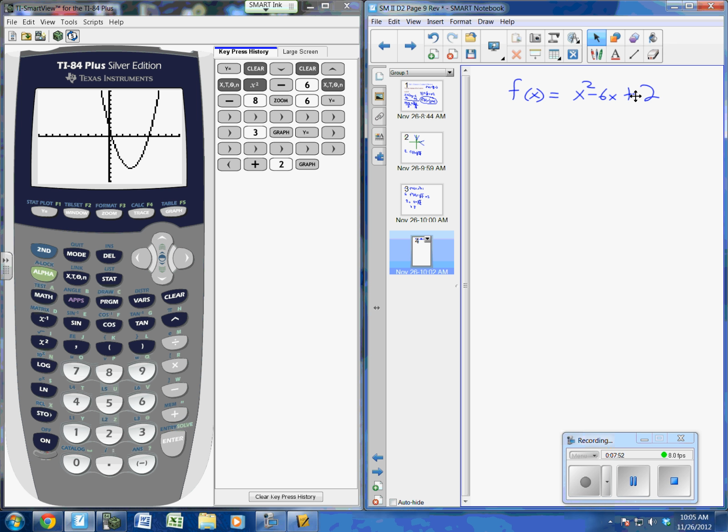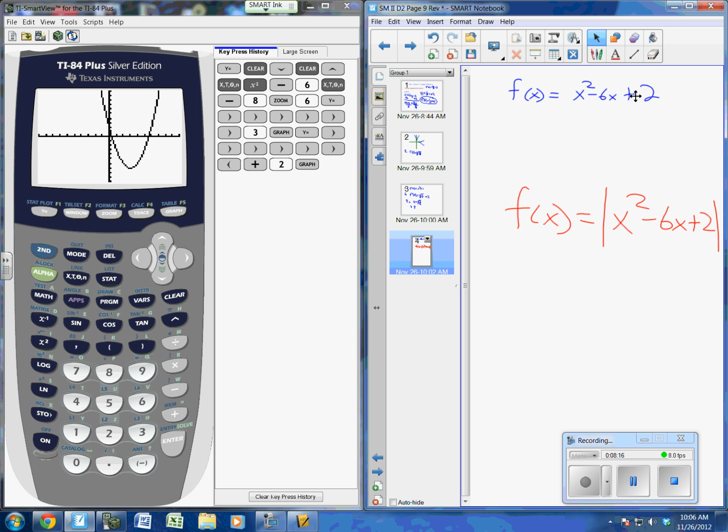All right. You guys, before you graph this in your calculator, who thinks they know, if I took the absolute value of this, if I gave you this function as a new function, f of x equals the absolute value of x squared minus 6x plus 2, who knows what my new graph would look like?